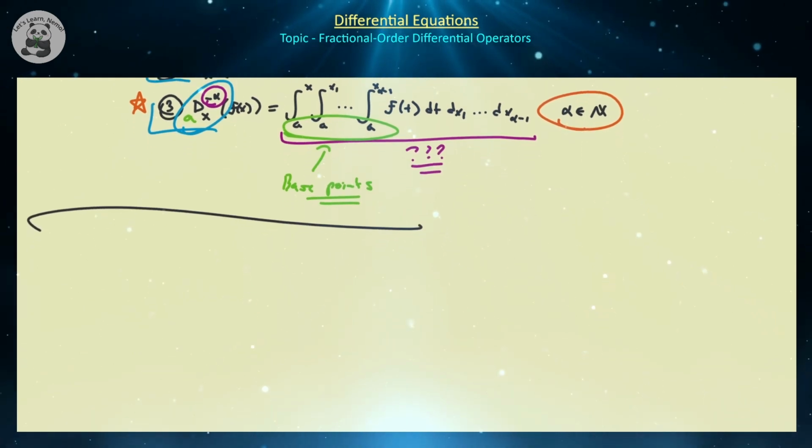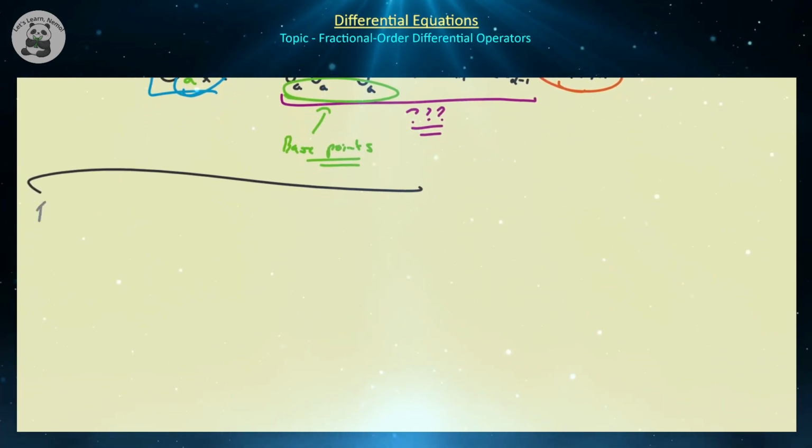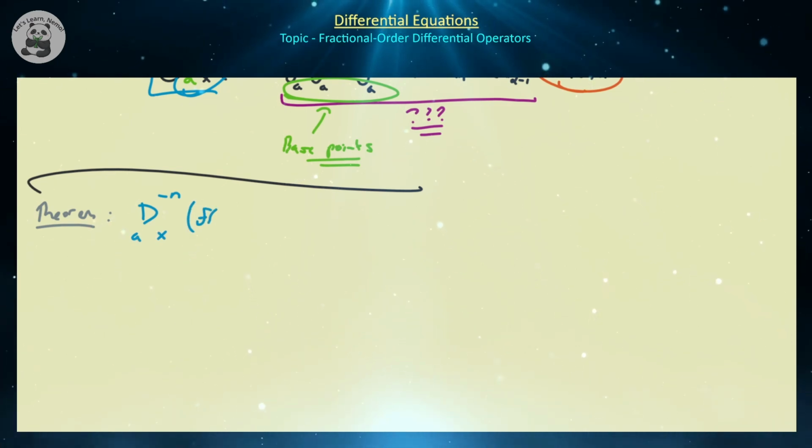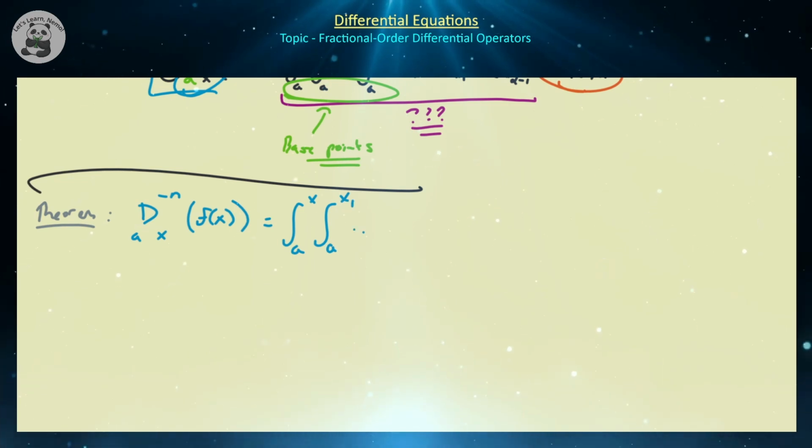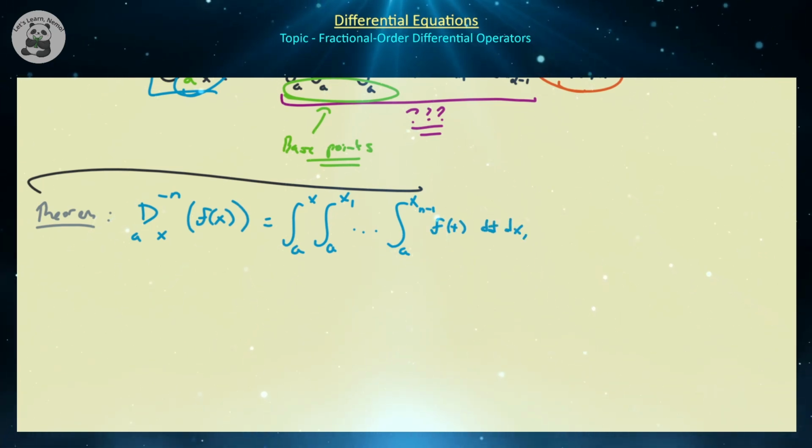So one theorem that will allow us to do it is the following. So let's state it here. So the negative natural derivative, or the natural integral of a function f, defined to be equal to this iteration, the integral from a to x, the integral from a to x1, all the way out to the integral from a to xn minus 1 of some function, let's say dt dx1, all the way down to dxm minus 1.